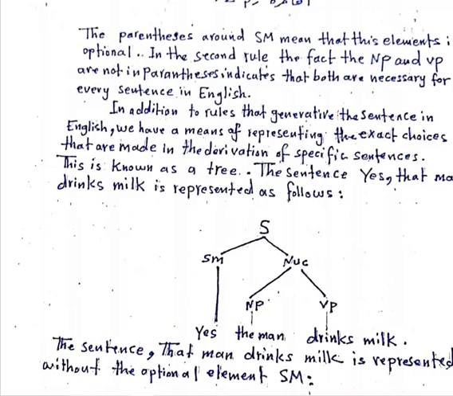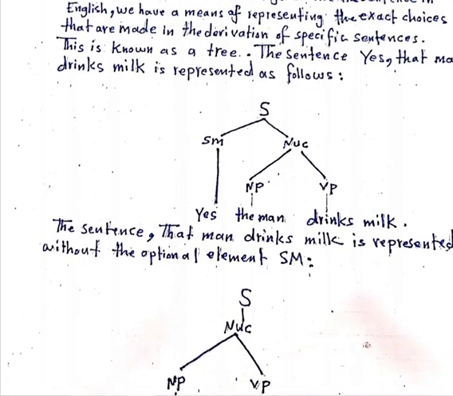That means we have many choices to construct the sentence according to the rules of Chomsky. This is known as a tree or diagram. The sentence, yes, that man drinks milk, is represented as follows.